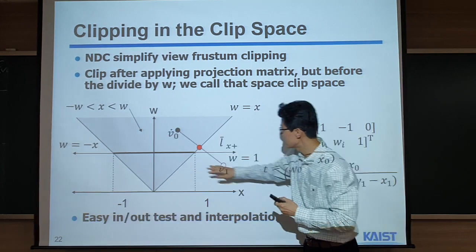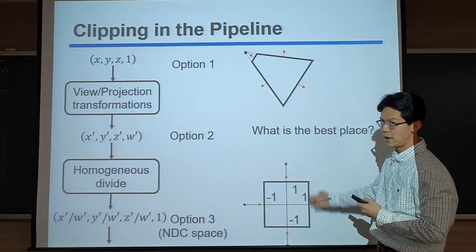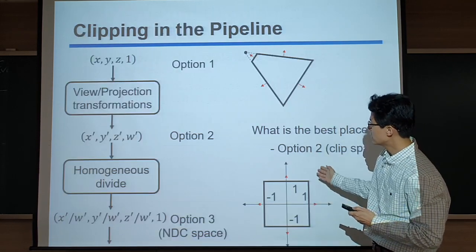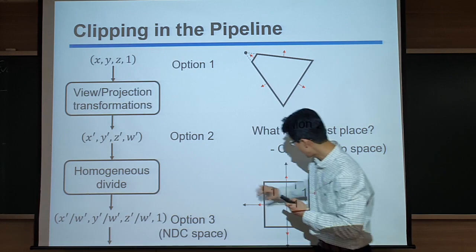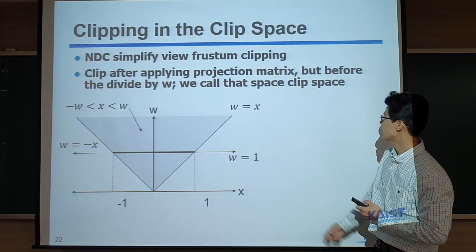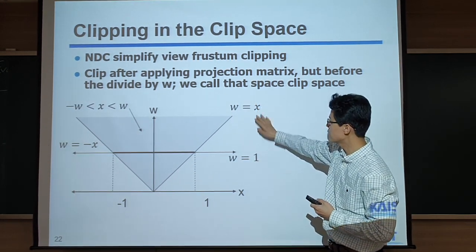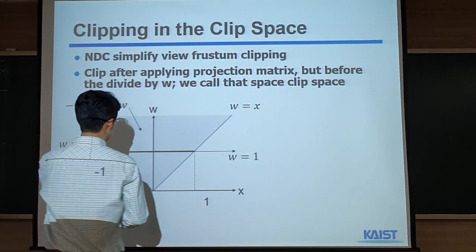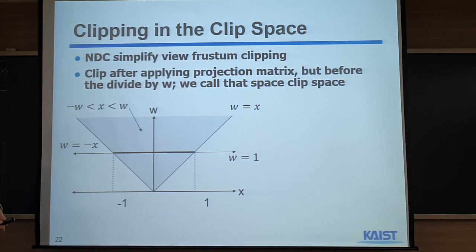This actually maps to that space, right? But we need to roll back this homogeneous divide here. If we roll back this one, then you can see that this has this equation, and the other one is w equal to minus x, something like that, right?